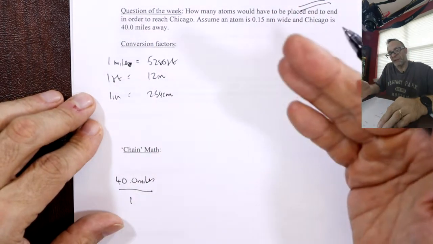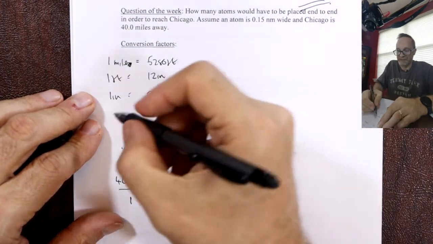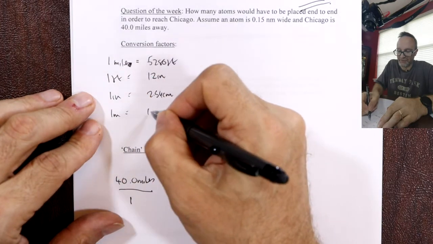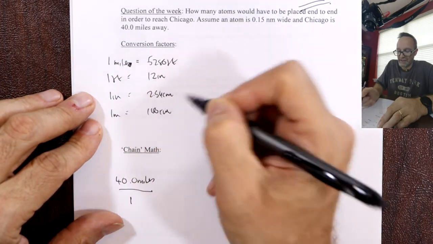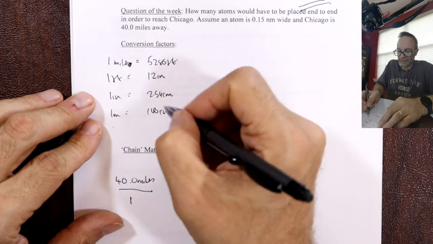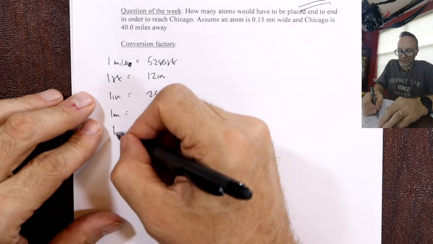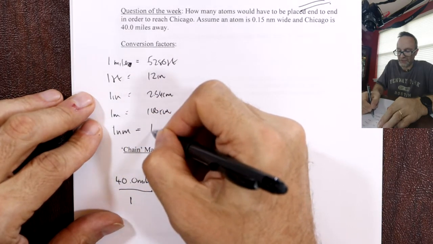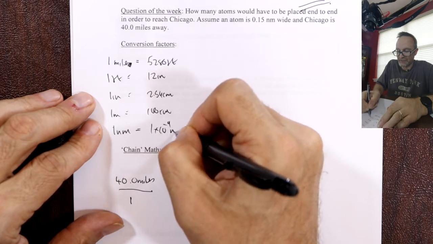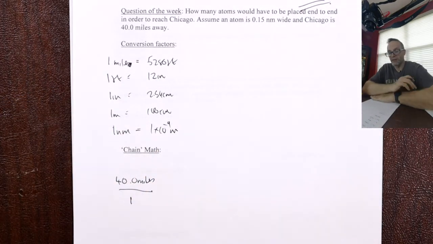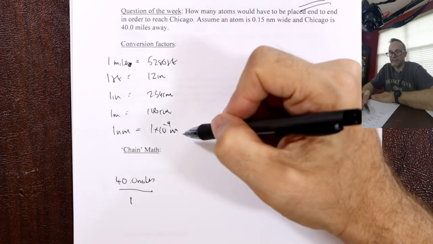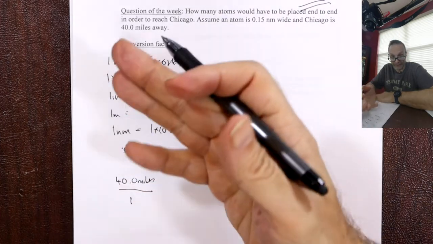Converting centimeters to nanometers is tricky, so it's better just to go back briefly to meters. 1 meter is 100 centimeters. And then, once you've got meters, 1 nanometer, as we saw earlier, is 1 times 10 to the minus 9 meters. And we're nearly there, so we can convert just by putting these into a chain, miles all the way down to nanometers.